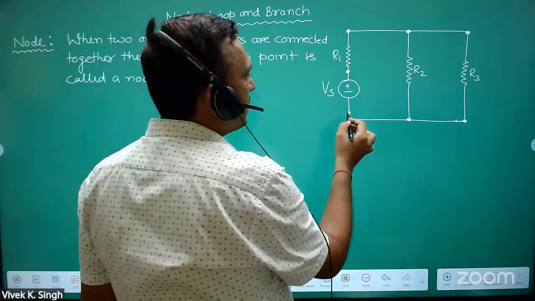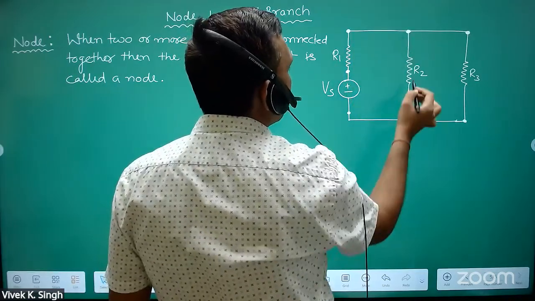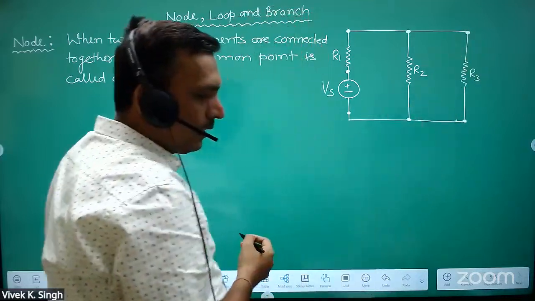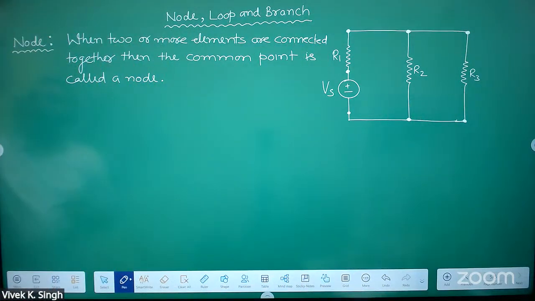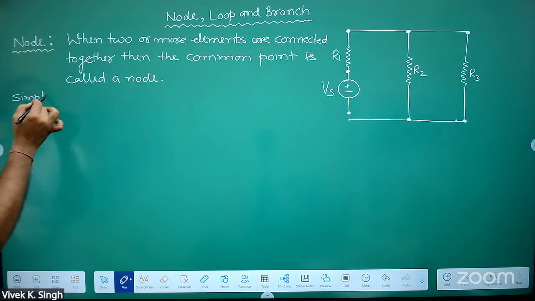So these are the different nodes. These are the different nodes. ठीक है? Now you should further differentiate what is a simple node.